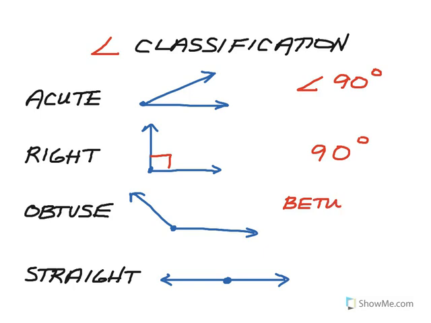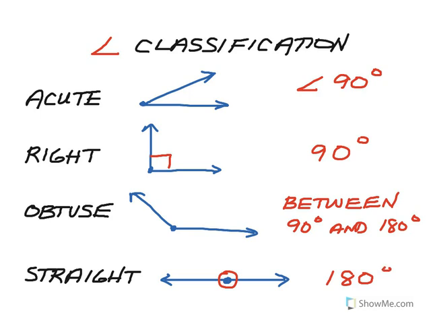So it's not 90 and it's not 180, but it's something larger than 90 degrees and smaller than 180 degrees. And a 180 degree angle, that's what we'd call a straight angle. At the vertex, the sides of the angle open up all the way, and we form what we call a 180 degree straight angle. So every angle will fit one of those criteria.